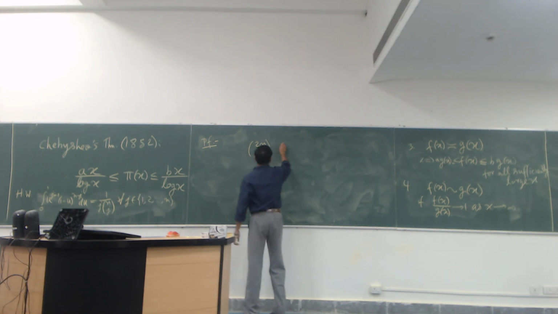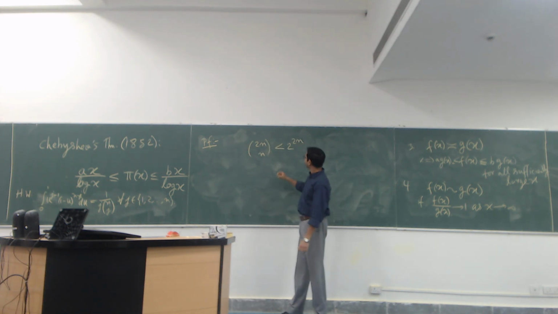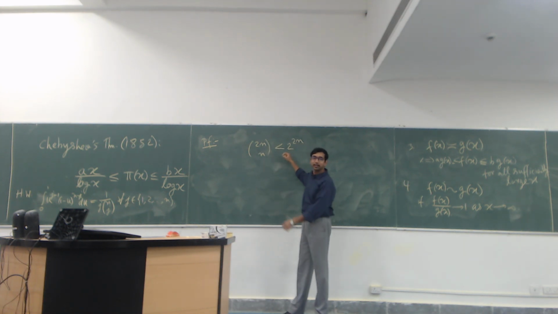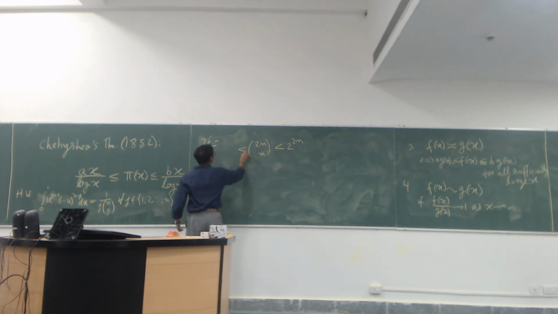Right? So this is bounded above by 2 to the power 2n. And how many terms are in the expansion of (1+1) to the power 2n? There are 2n+1. So the average is 2 to the power 2n by 2n+1.